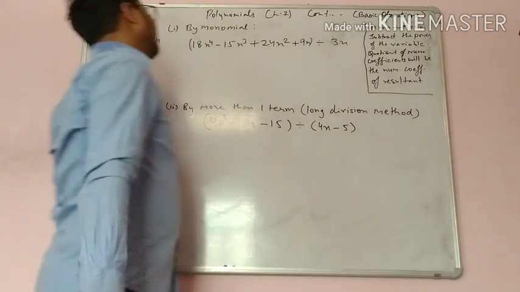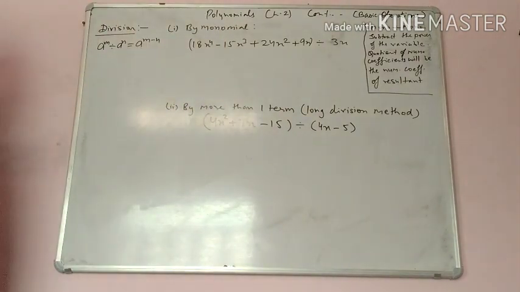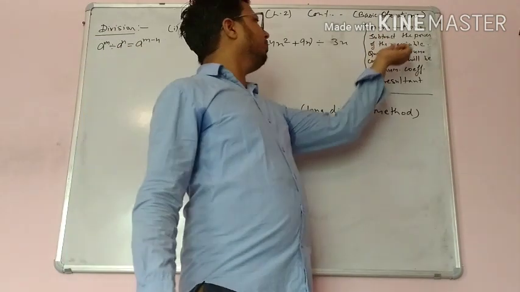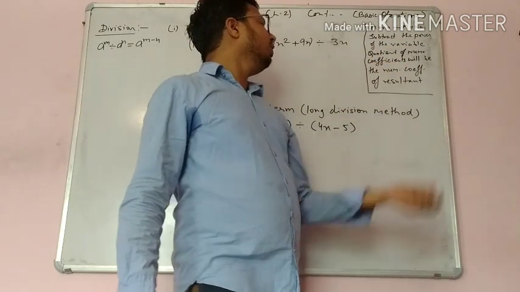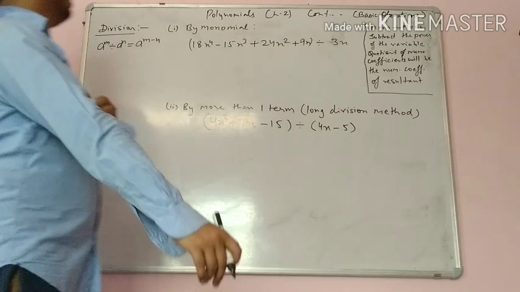Clear about it? How can we divide a monomial by a monomial? Subtract the power of the variable, and the quotient of numerical coefficients will be the numerical coefficient of the resultant.